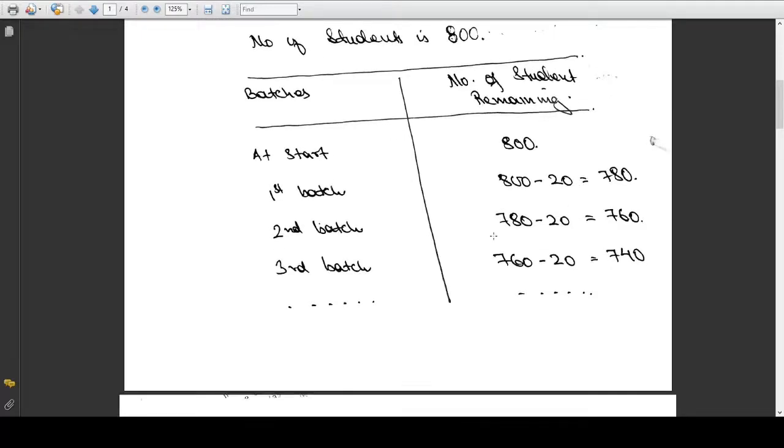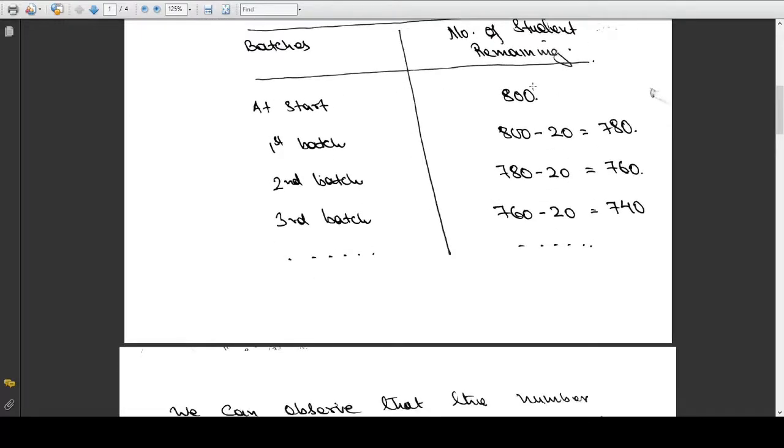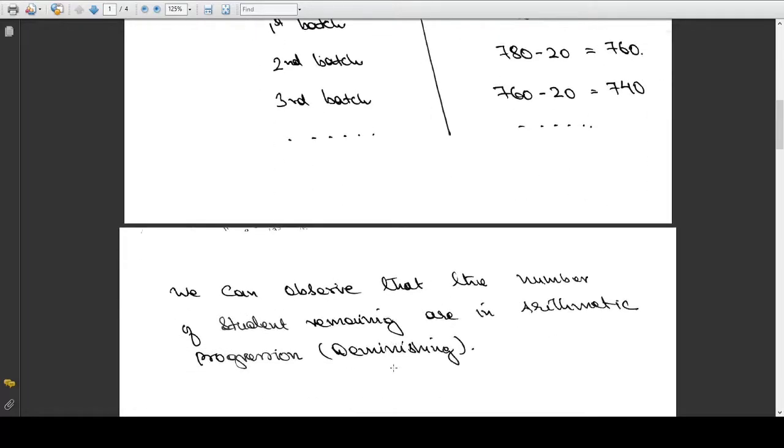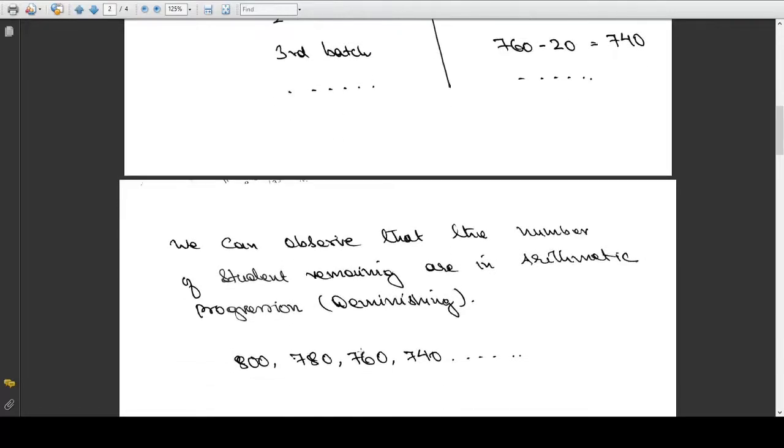Now if we consider this 800 as the first term, the second term is 780, the third term is 760, the fourth term is 740, and so on. We can see that the numbers of students remaining are in arithmetic progression. Why?